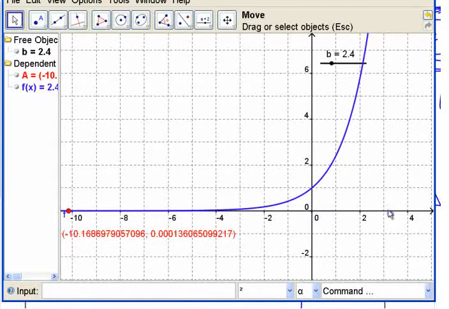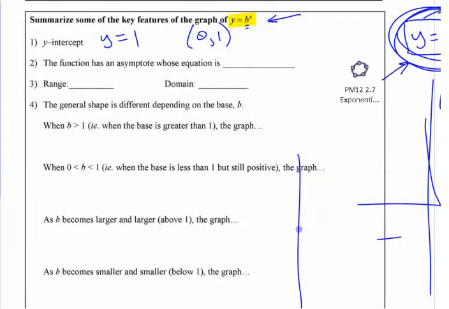This is an asymptote. You had that idea in grade 11 for functions, but you usually had vertical asymptotes. You remember those crazy functions that would go like this, and then suddenly it would go like this, and you'd have this dotted line here. That's an asymptote.